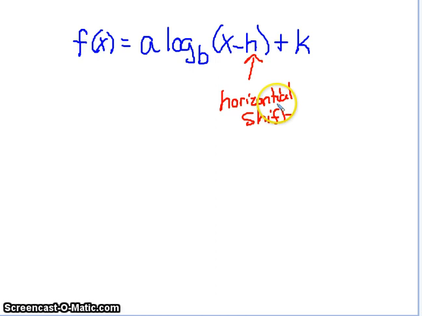It is subtract. We are going to be moving to the right, and negative moves us to the left. If we have a plus k, this out here is going to be our vertical shift.